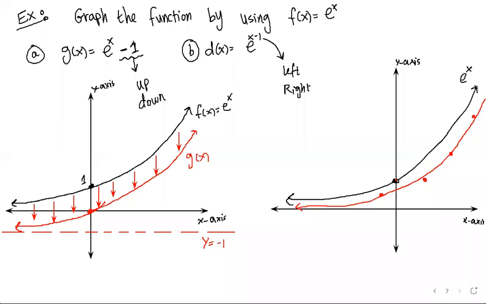So the graph will be everything shifted to the right 1 unit because the power has x minus 1. So this one is h of x equal e to the x minus 1.